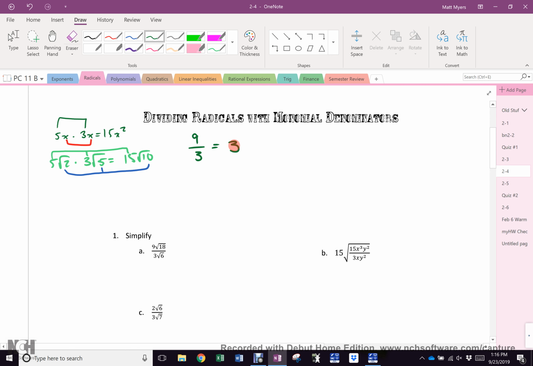Ashneet. 3 goes into 9 3 times. Okay. What's another way we could say it? Sam? 3 groups of 3. Another way we could say it? Manru? 3 times 3. Joseph? 9 divides into 3. There's a million ways we can talk about this, yes? We can all do it. Agreed? Okay.